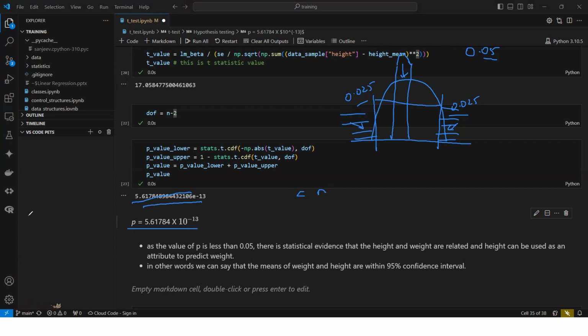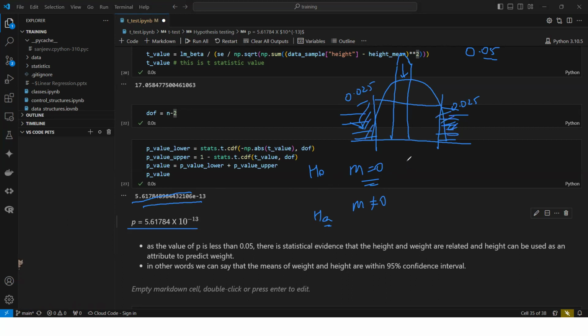Correct? We started off by assuming that my null hypothesis is m equal to 0, and my alternate hypothesis is m is not equal to 0. This is my null hypothesis and this is my alternate hypothesis. So you could not find evidence saying that the slope is present in the error region of 0.05.